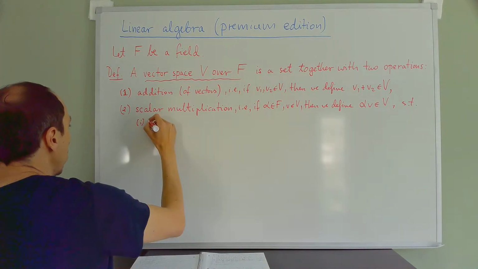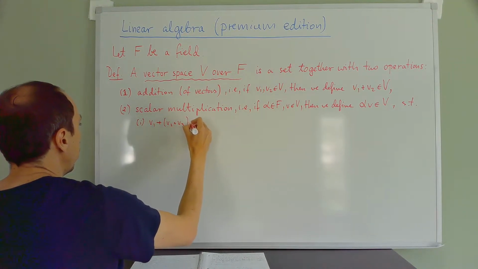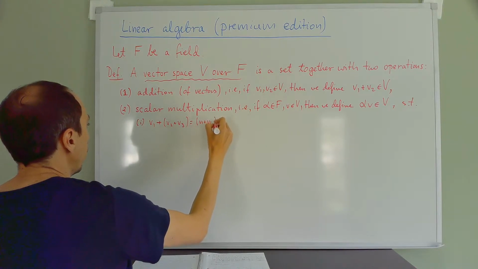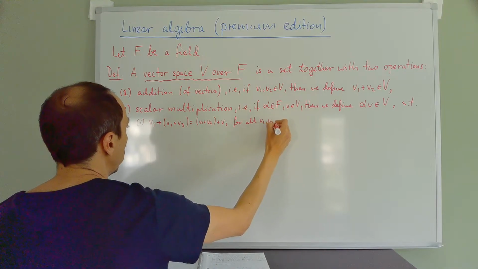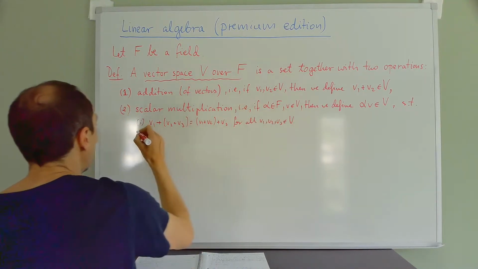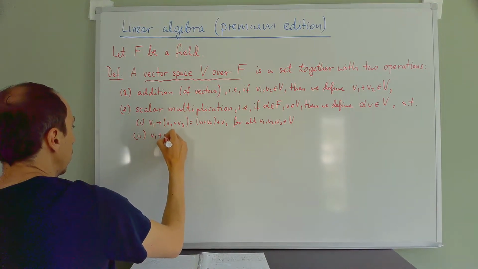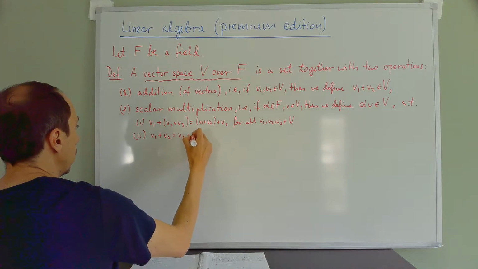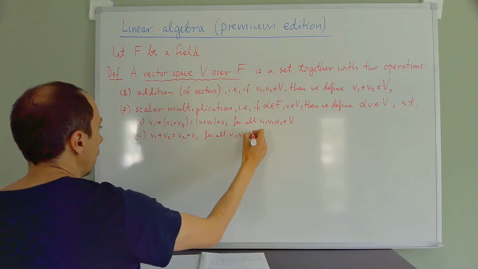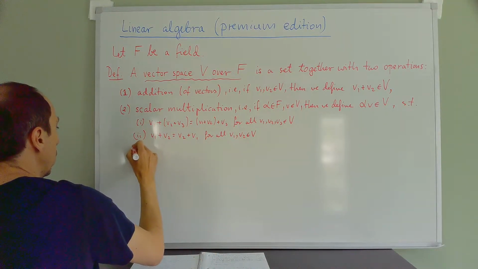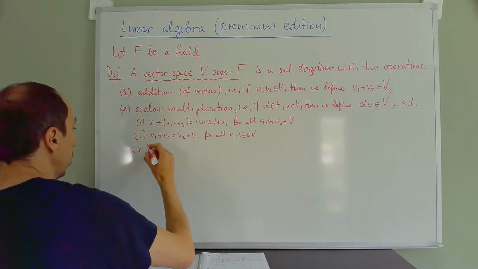One, there's associativity of addition, for all V1, V2, V3 in V. Two, there is commutativity of addition. Three, there's the existence of the zero vector.